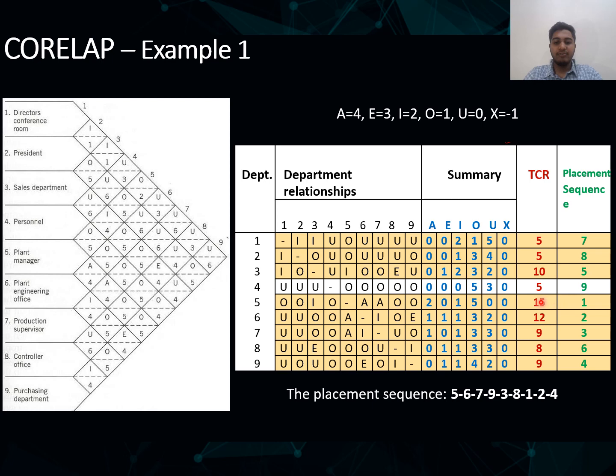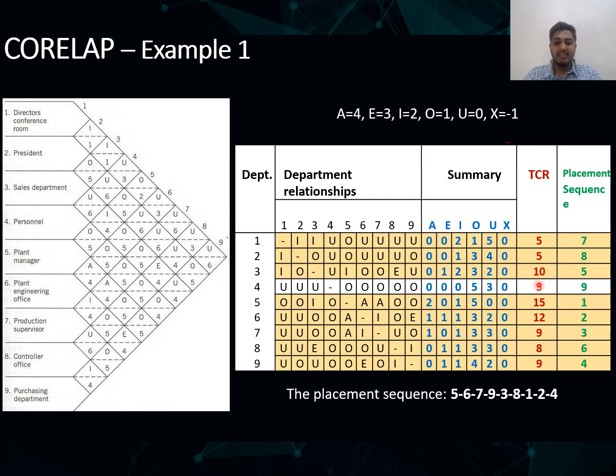So the fifth department, which has the greatest total TCR value of 15, falls in the first place, and the department with TCR value 12 goes to the second place, and the TCR value of 10 goes to the third place.